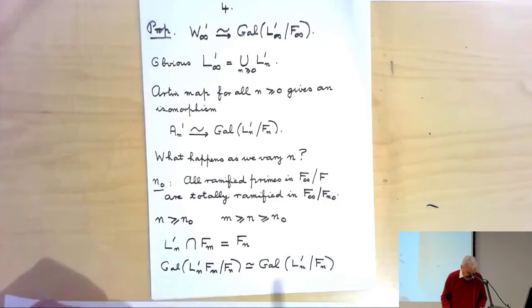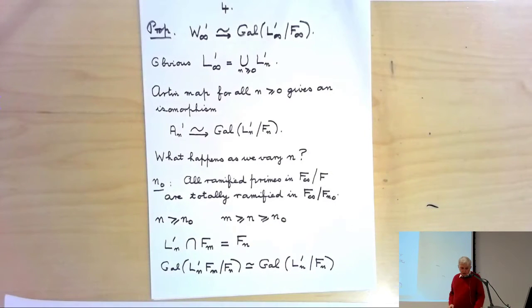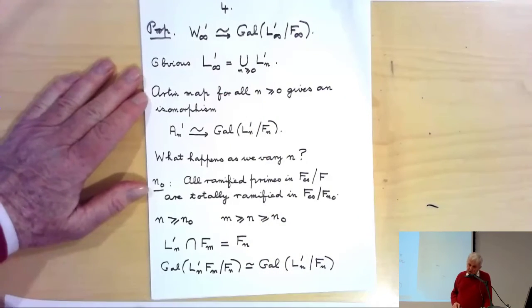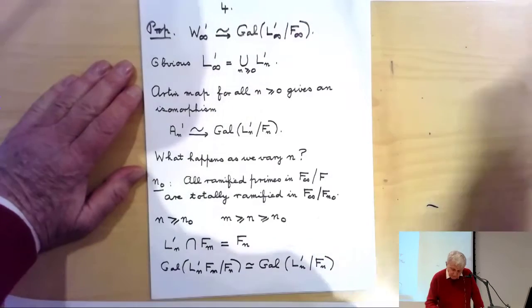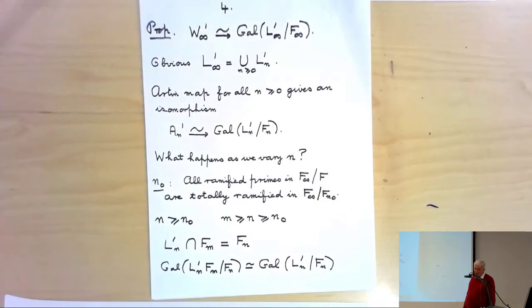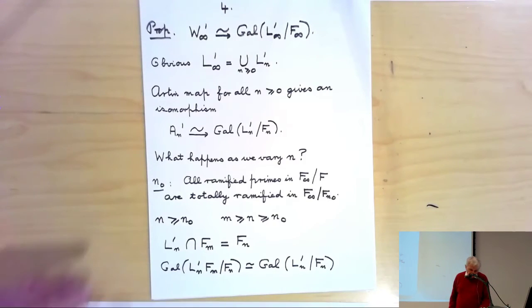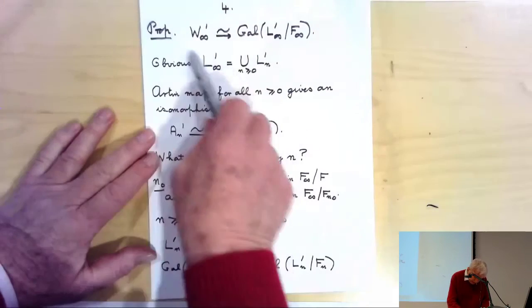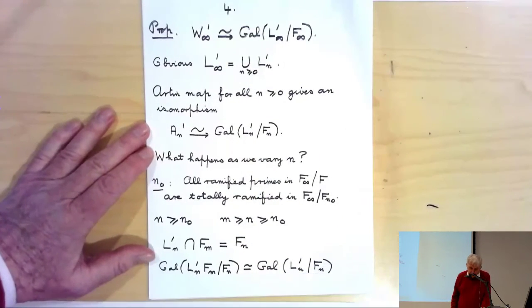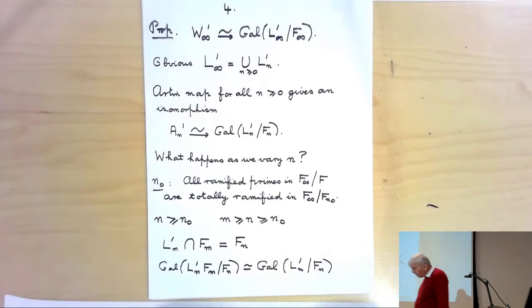So I claim, in fact, that my W infinity prime, the projective limit of the A_n primes, is indeed the Galois group of L infinity prime over F infinity. This translates this module, therefore, as a Galois group. And what is obvious is that L infinity prime must be the union of all the L_n primes, right?